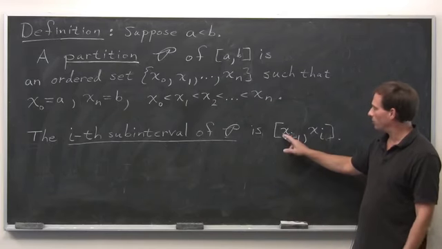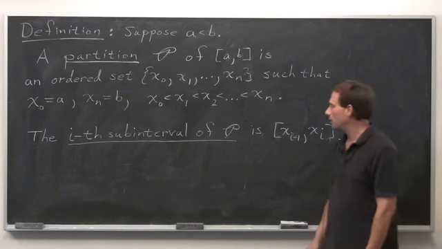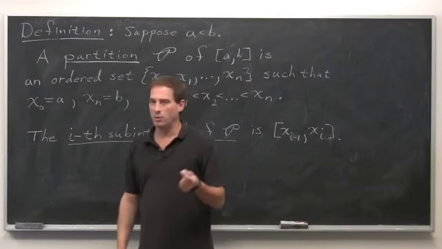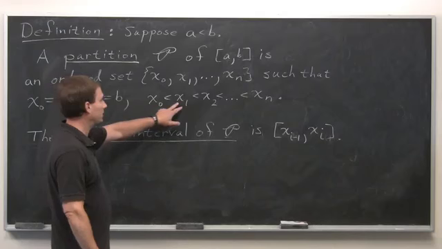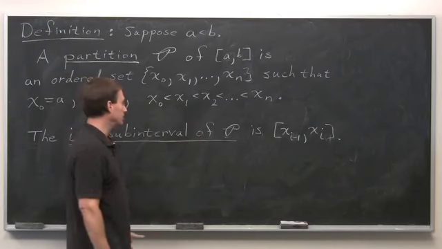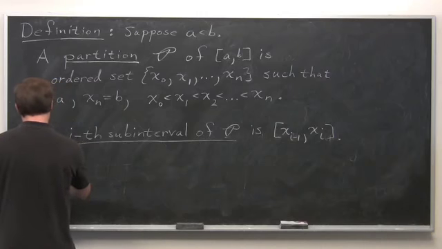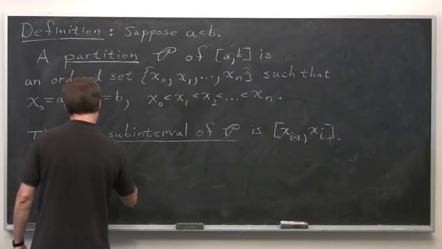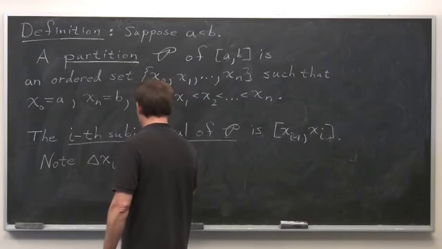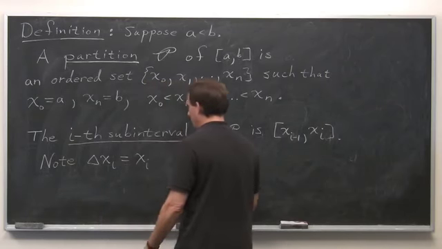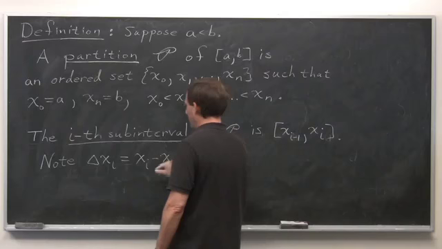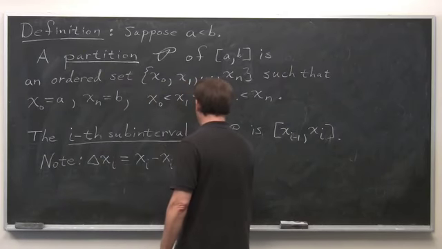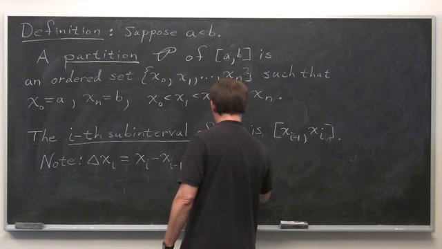The nth subinterval goes from x sub n minus 1 to x sub n. In keeping with our notation from the last section for finite differences, x sub i is a function of an integer, and so we can look at the finite difference delta x sub i, which, if you recall from last section, means you would take x sub i minus x sub i minus 1. This is the length of the ith subinterval.